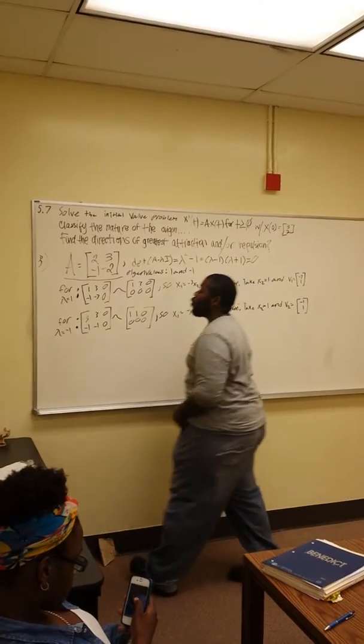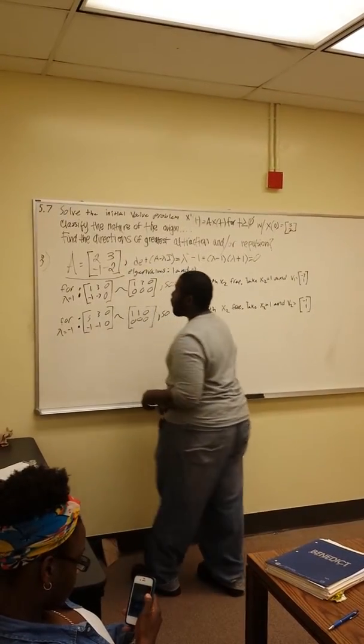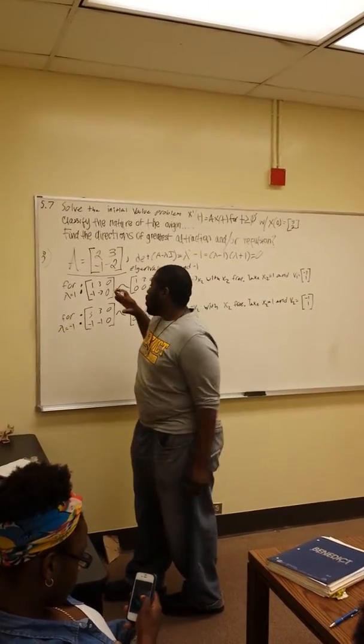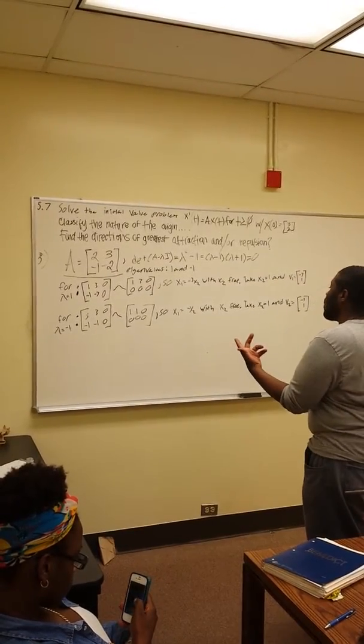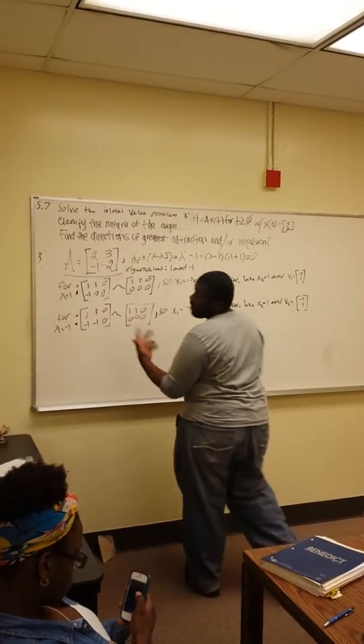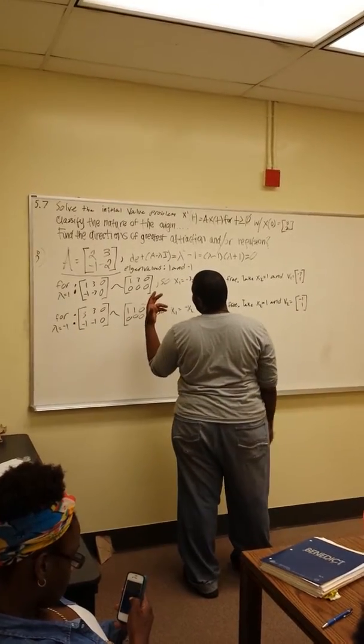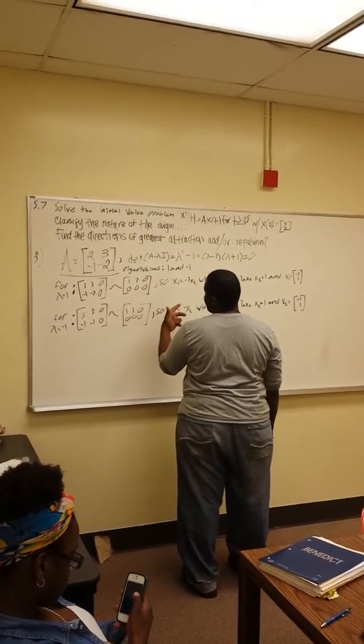So, for lambda equals 1, we have [1, 3, 0; -1, -3, 0], which, when you put it in the calculator, comes out as [1, 3, 0; 0, 0, 0].